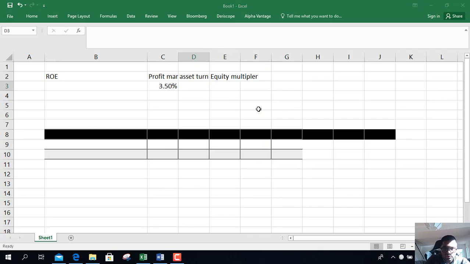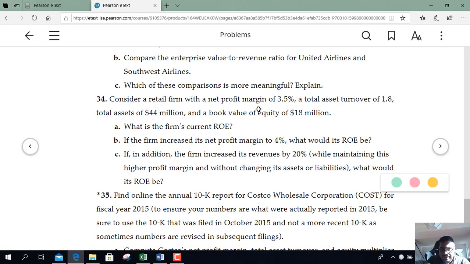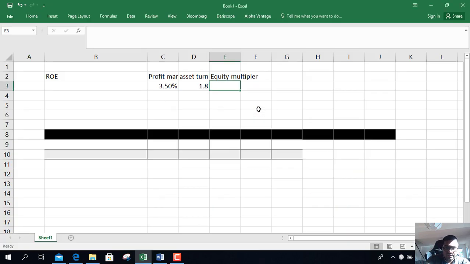Asset turnover is given to you, 1.8. You have to calculate equity multiplier because I didn't see that. Equity multiplier is always total assets, 44 million, divided by book value of equity, 18 million. So it is 44 divided by 18, and ROE will be multiplication of all three. So current ROE is 15.4%.